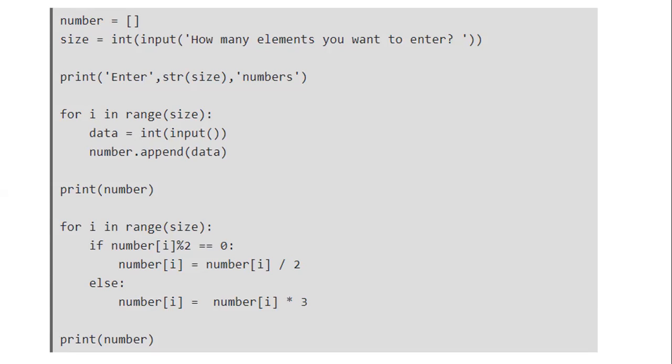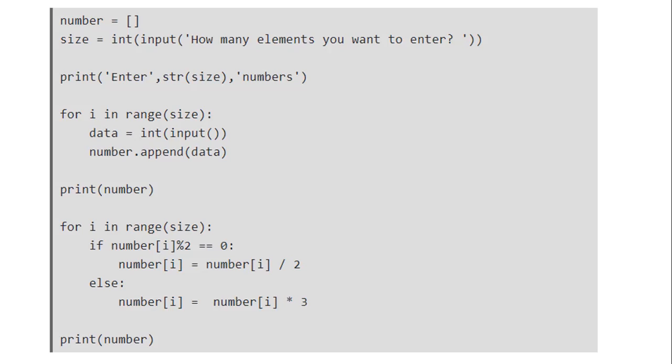Now we use another for loop, okay? And this time again, we are passing size as the parameter for the range function. And we are checking that if the value is divisible by 2, that means it is an even number, then we are dividing that particular value.